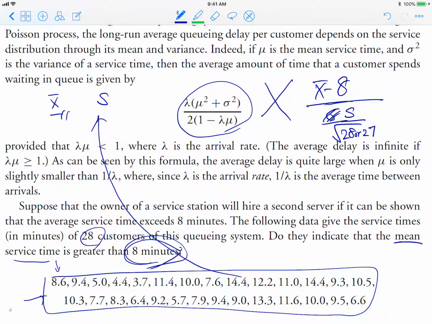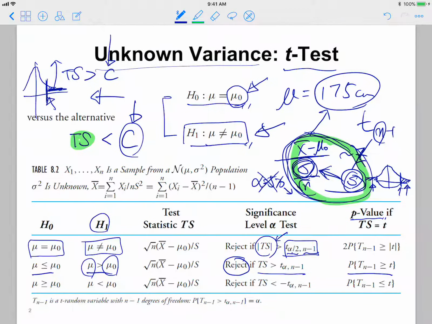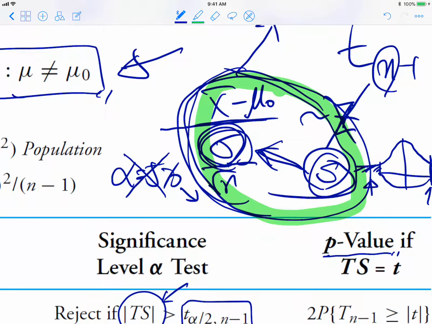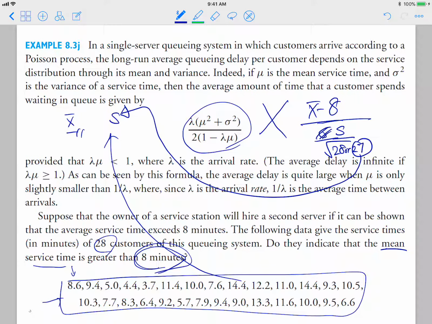What was that? 28, right? 27 was used in computing s, or s squared. In this representation, we simply replace sigma with s, but the denominator of square root n is still the same, so it should be 28.